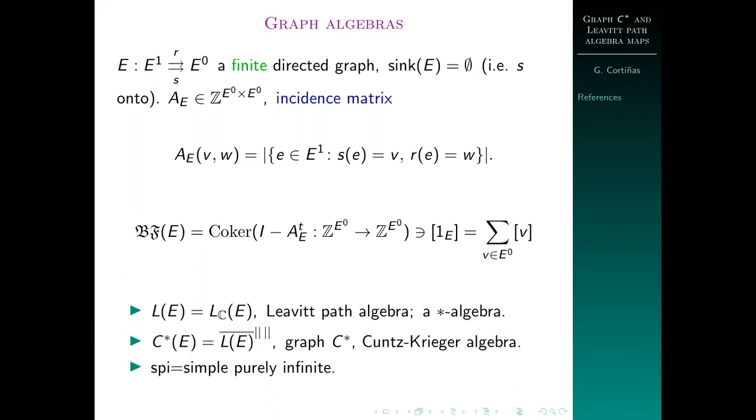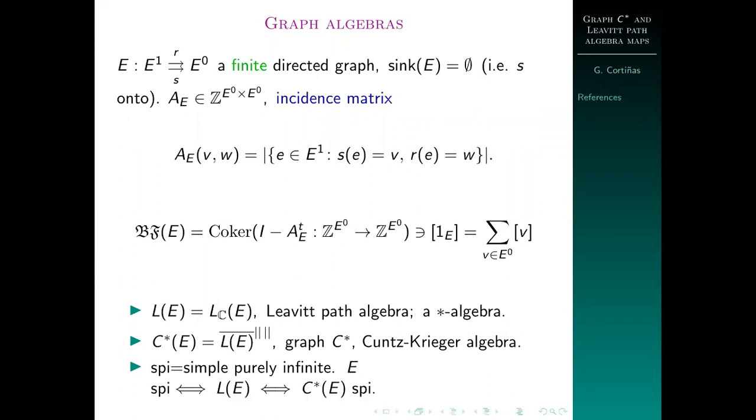Okay, and I will also use a term, SPI, which stands for simple purely infinite. I will apply this adjective to the graph.